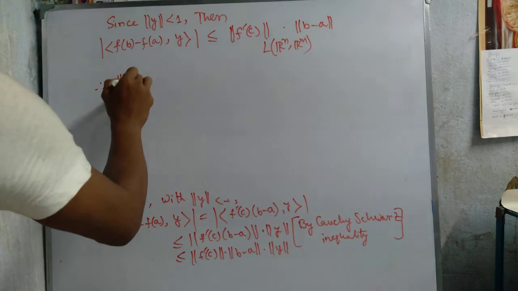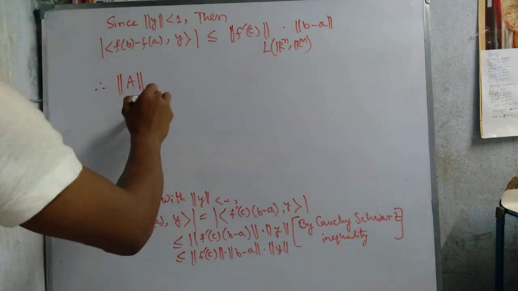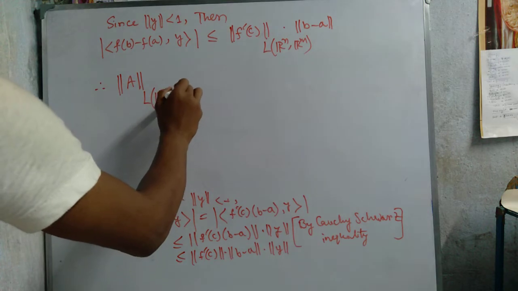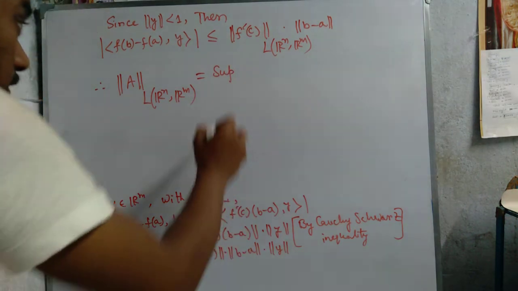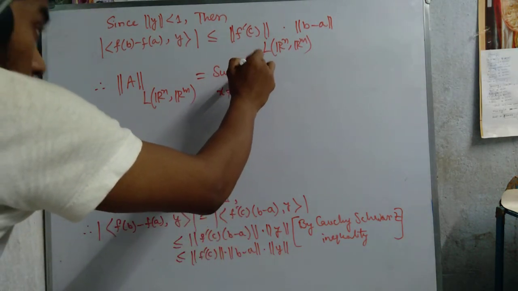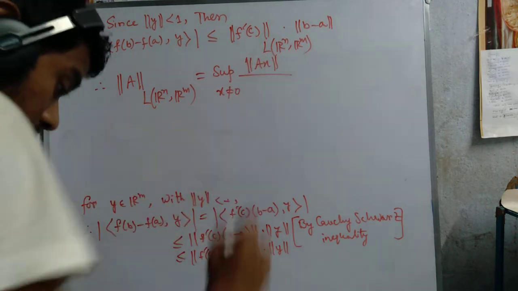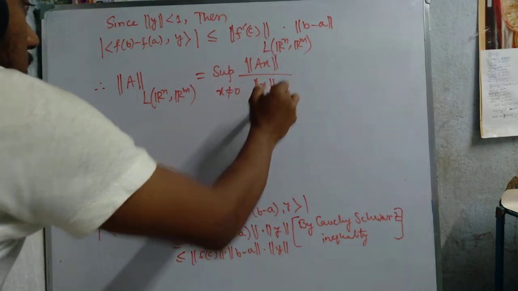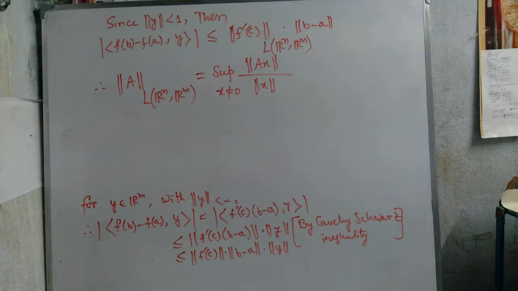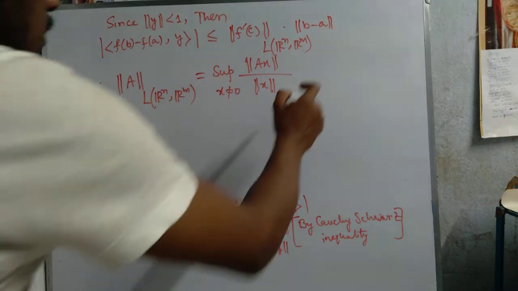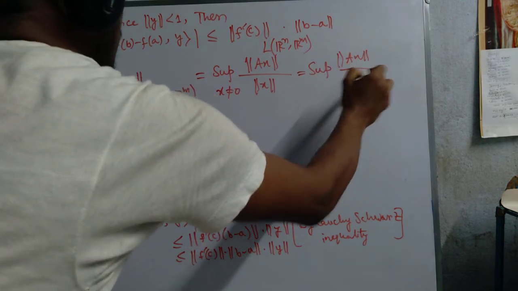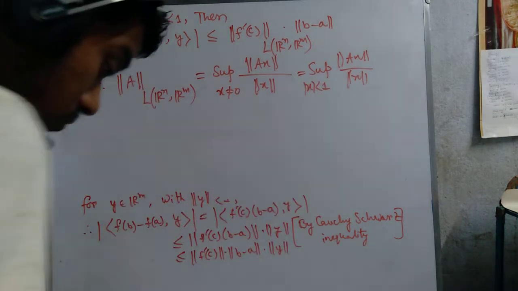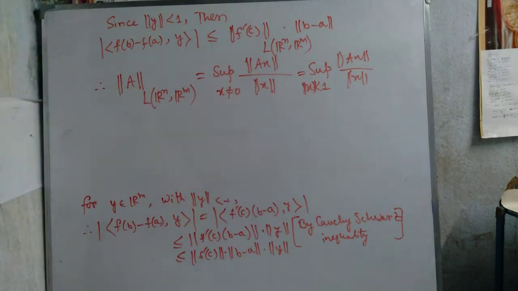Now norm of A in L(Rn, Rm) equal to the supremum over x not equal to 0 of norm of Ax divided by norm of x, equal to the supremum of norm of Ax with norm of x less than or equal to 1.